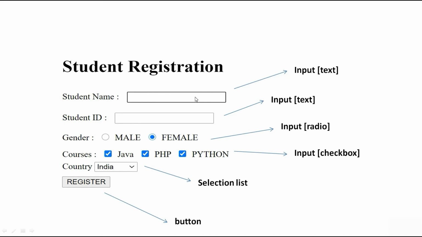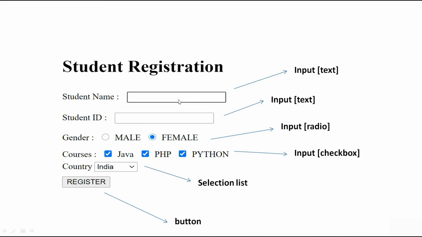So attribute is nothing but, already we have discussed the attributes concept in image tag. In image tag we have the src attribute which is used to store the file path, and we have the height and width attributes. So like this, for input also we have one attribute called as type. In that type we have to tell the compiler which type of input you are using. So here we are using the text type.